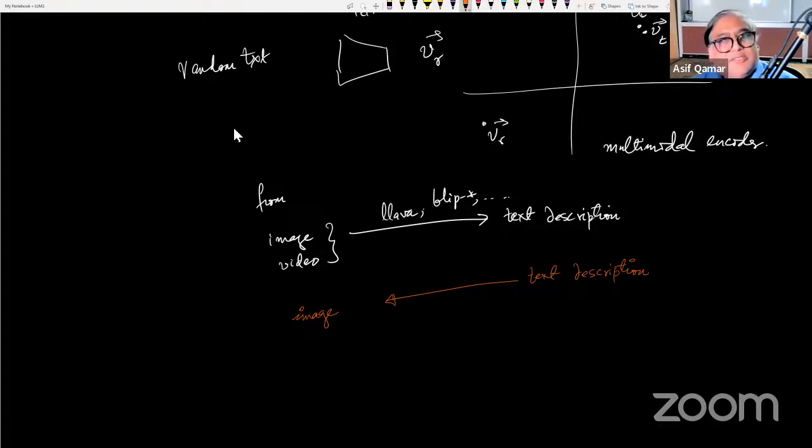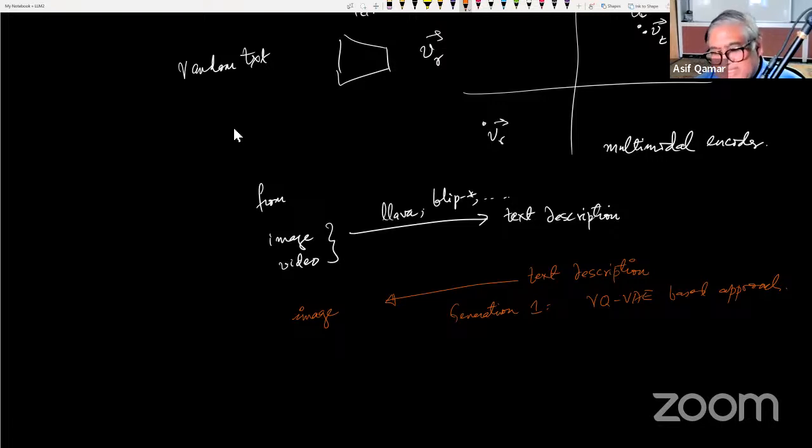Let me call it generation 1. It was VAE based, with text grounding and then going back in reverse.